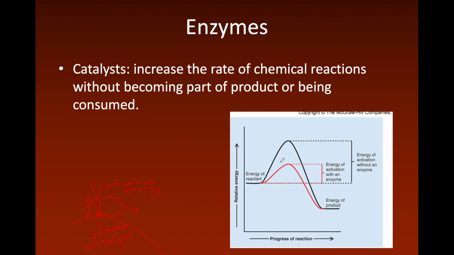So here is our picture of our hill, right? So let's say this is our boulder. This is that initial amount of energy it takes to get that boulder moving. And then once the boulder is moving, there is a significant release of energy as it rolls down that hill.